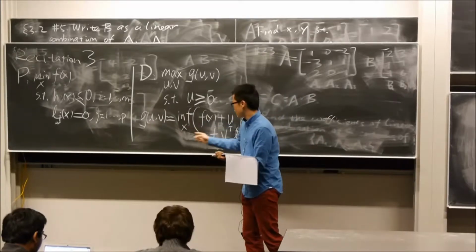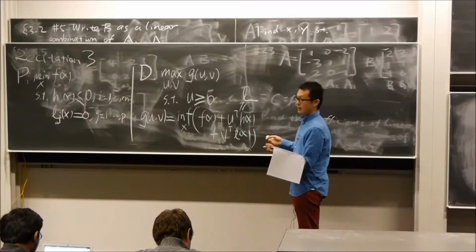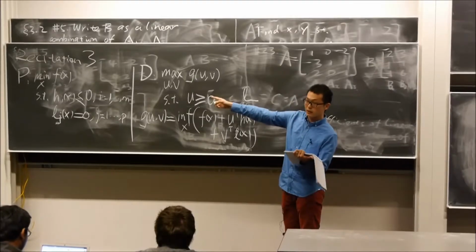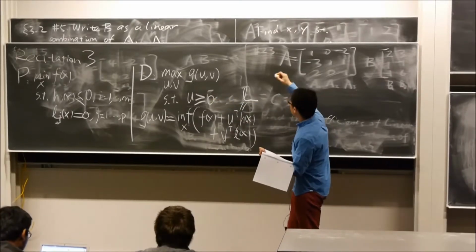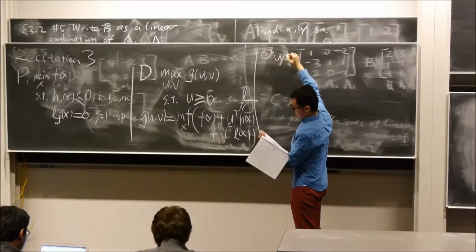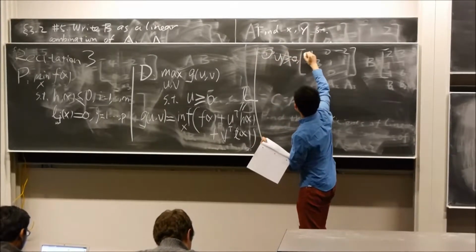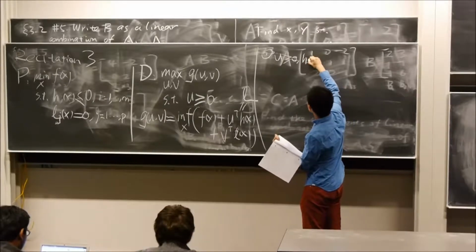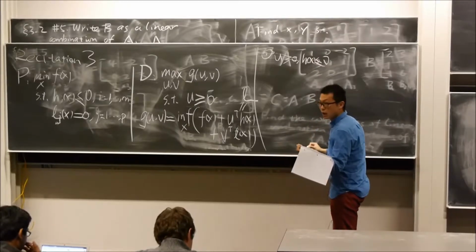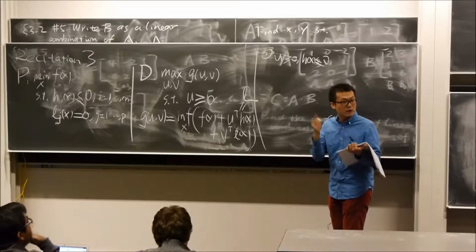So now what I'm going to do is first show you why this is a lower bound of f(x), and also a lower bound of the optimal value of f(x). We have u greater than or equal to 0, and h(x) smaller than or equal to 0. Can you see the blackboard?